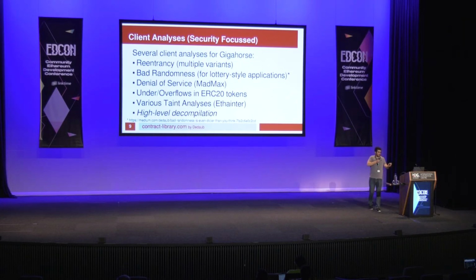This actually looks for outcomes where the user can have a favorable outcome based on a random number. Also denial of service of gas, underflows and overflows in ERC20 contracts, various kinds of taint analysis, but also high-level decompilation, which is the stuff you see on contract library.